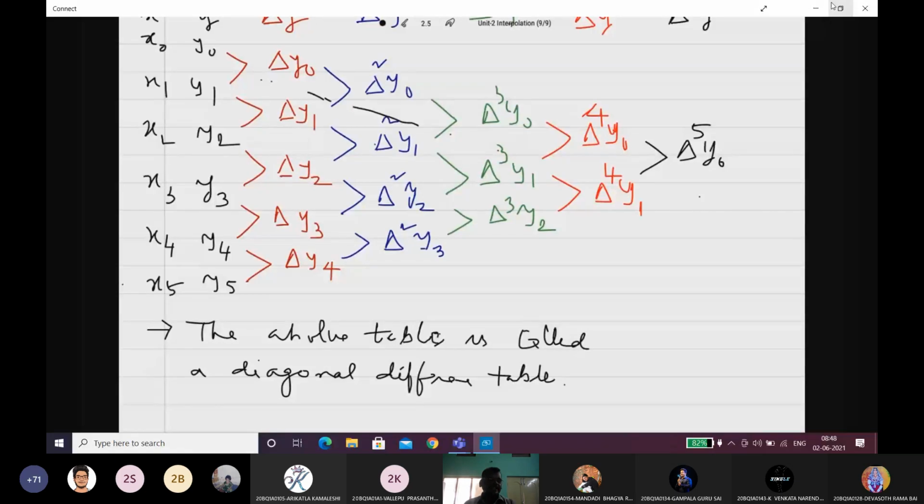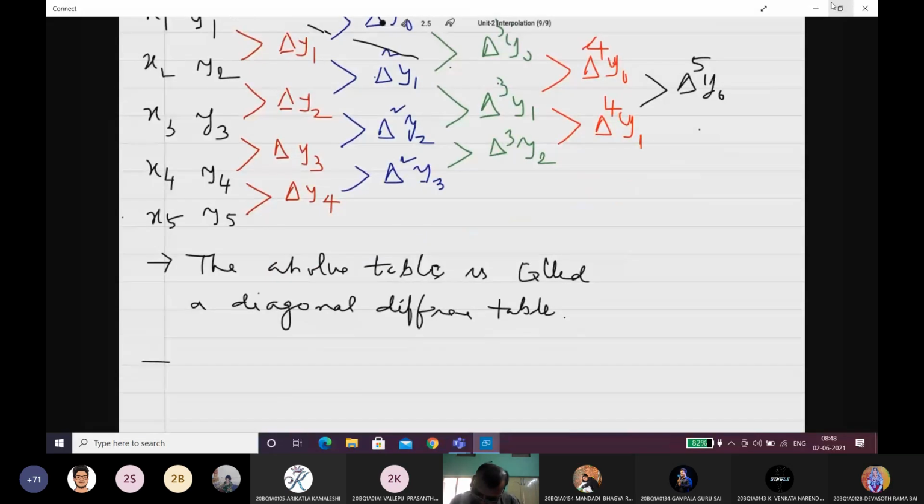The first term y0 is called the leading term.